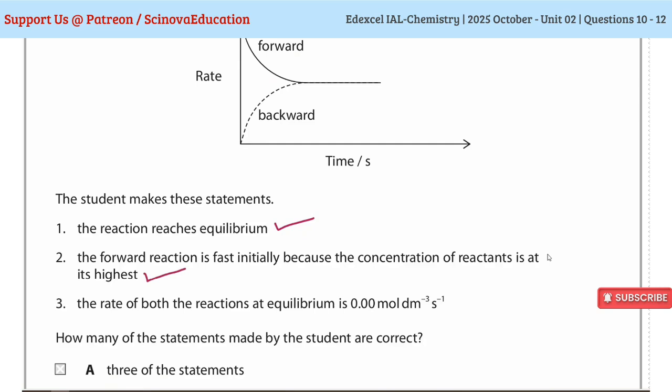The rate of both reactions at equilibrium is 0.00 moles per cubic decimeter per second is going to be wrong, because zero rate means the reaction is stopping. Both the reactions are stopping, which is not correct for an equilibrium. We know that equilibrium is dynamic.